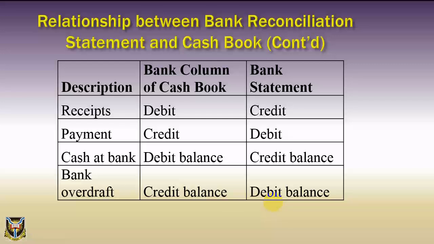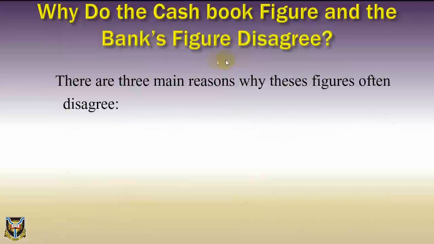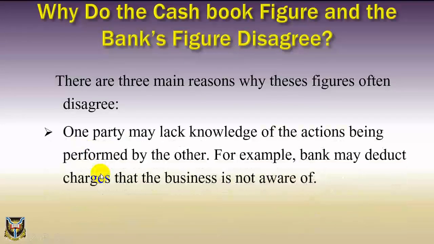D. Why do the cash book figure and the bank's figure disagree? There are 3 main reasons why these figures often disagree. A. One party may lack knowledge of the actions being performed by the other. For example, the bank may deduct charges that the business is not aware of.